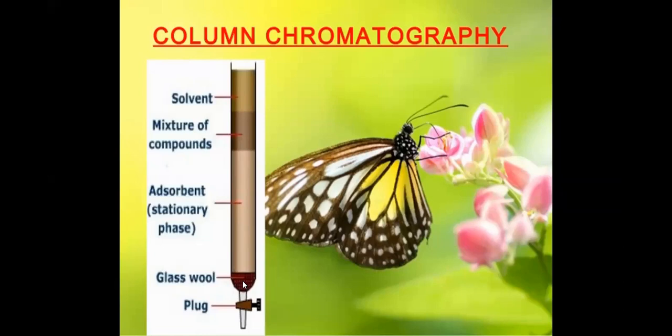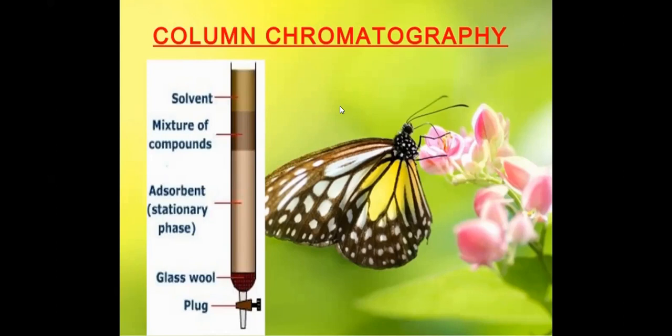If the glass wool or the cotton plug is not inserted, then the whole amount of the adsorbent layer will get removed out. So just to hold the stationary phase, that is the adsorbent layer, we need to fix a glass wool or cotton plug at the bottom side of the glass column.